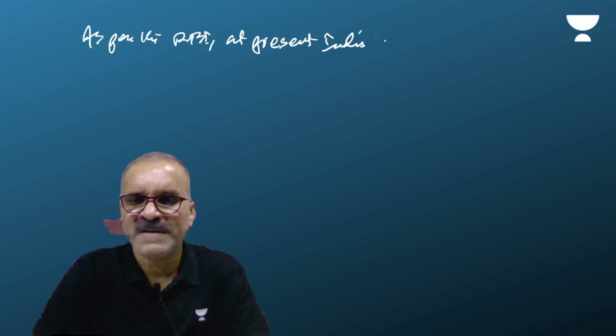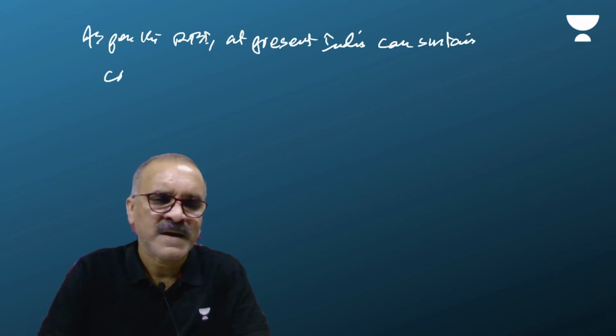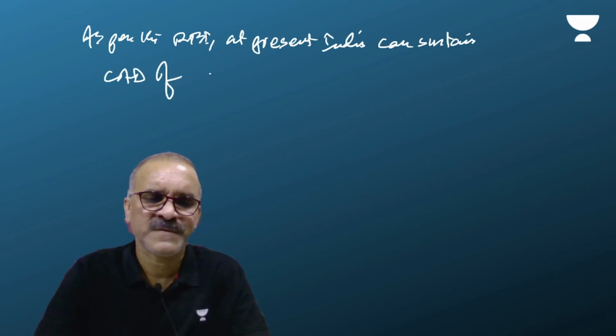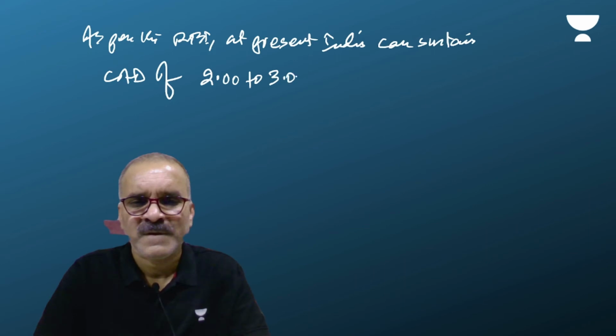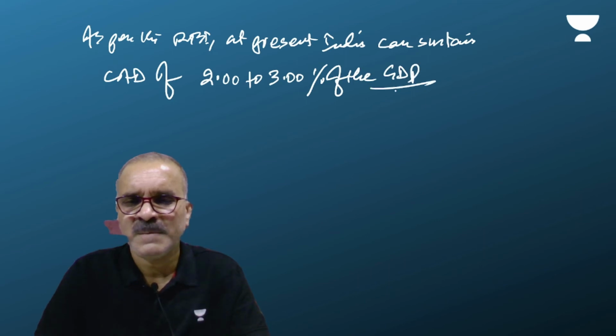Now, how much current account deficit can India sustain? As per the RBI, at present, India can sustain a current account deficit of 2 to 3% of the GDP.